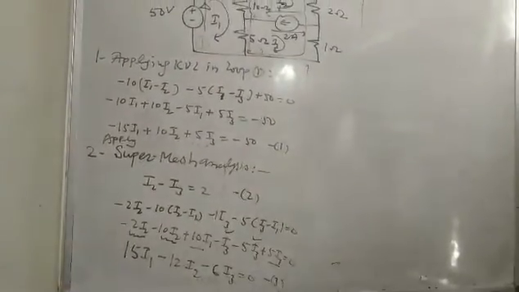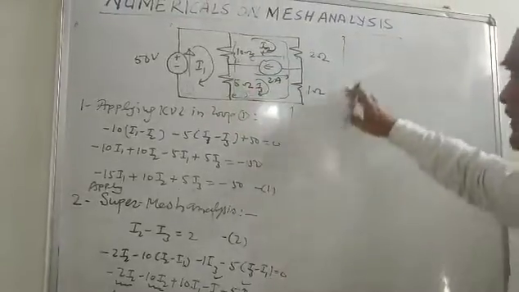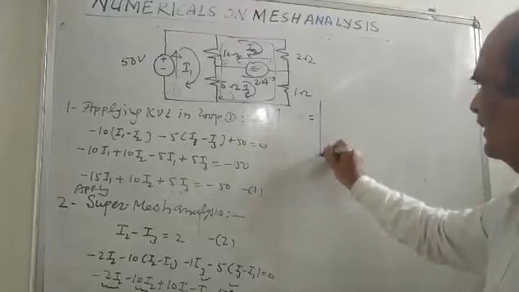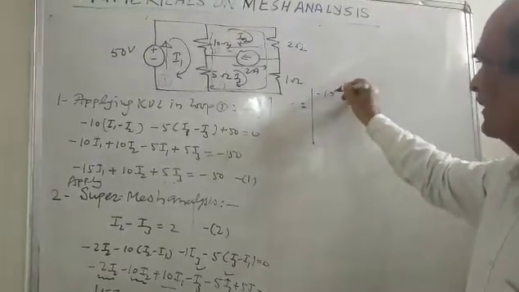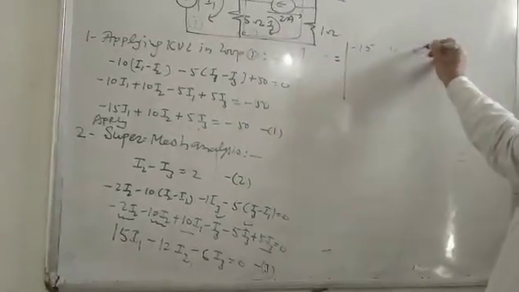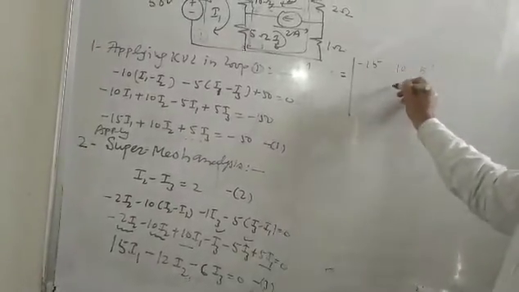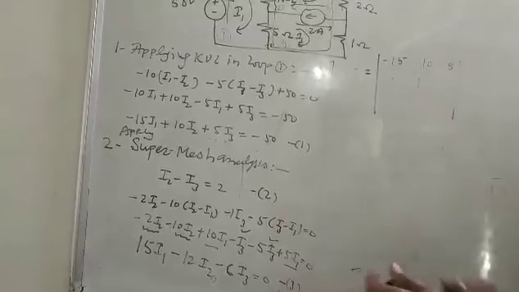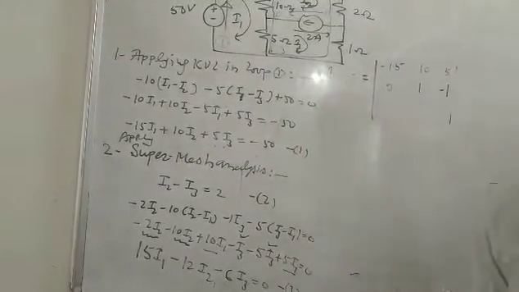And by solving these equations, find the delta, delta I1 and delta I3 to find the current in 5 ohm. So delta is equal to, first row, I1 coefficient minus 15, I2 is 10, I3 is 5. Second row, I1 coefficient 0, I2 1, I3 minus 1.